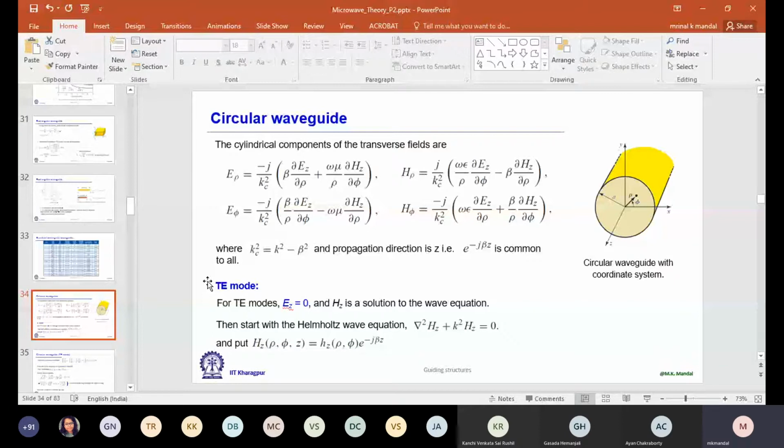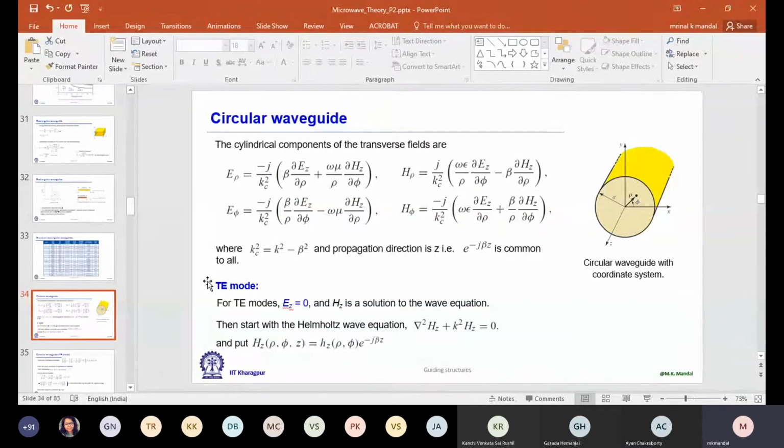That means we have to start with the reduced form of the wave equations. In this case, we use the circular geometry, so we have the rho component, phi component, and in the direction of propagation the z component. We can express the rho component and phi component in terms of the z components, just like we did previously for rectangular geometry.